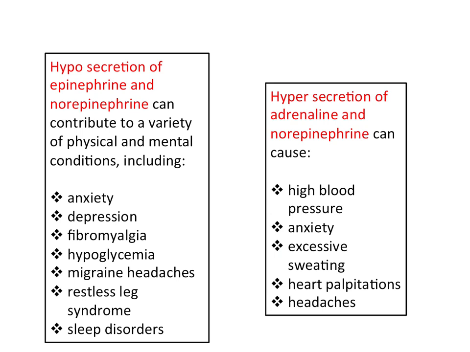Now the effect of hyposecretion of epinephrine or norepinephrine: it can induce anxiety, depression, fibromyalgia, hypoglycemia, and these are some symptoms of hyposecretion of epinephrine. However, hypersecretion can induce high blood pressure, anxiety, and excessive sweating.